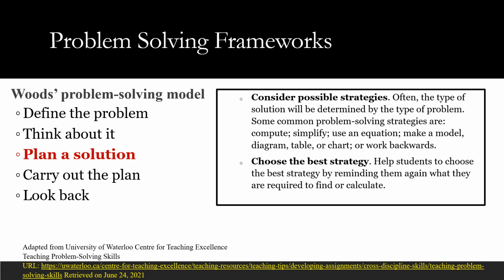After considering possible strategies, you choose which among those is the best strategy to solve the problem at hand. Help students to choose the best strategy by reminding them again what they are required to find or calculate.